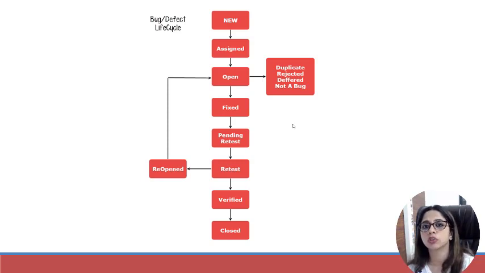Now once the issue is in the system, you have raised it fresh, it is a new issue. So the status of the bug is new. After the bug is in new status, you have to mark it to the relevant developer, the person who is responsible for fixing it. When you're working in any project, you must be aware of who is working on what.